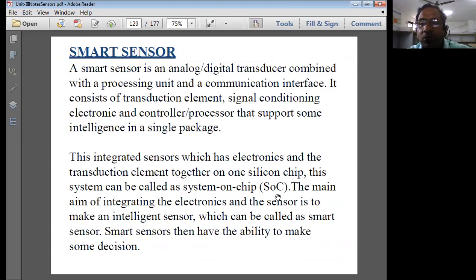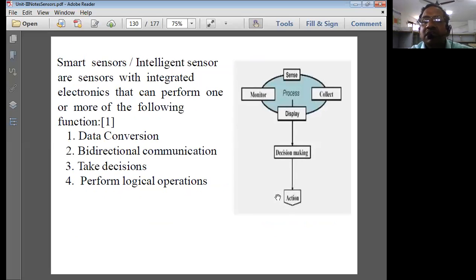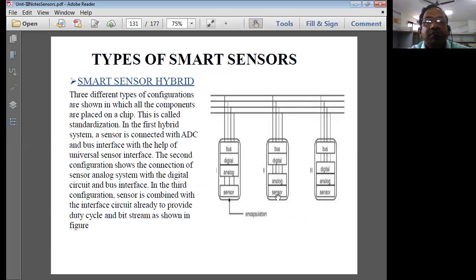That means sensors are going to come in a system-on-chip architecture, the monolithic architecture we just discussed. That is what is called a smart sensor; in general, any sensor which comes in a monolithic chip is known as a smart sensor. We discussed the various functions of a sensor, like data conversion, bidirectional communication, decision making, and performing logical operations.